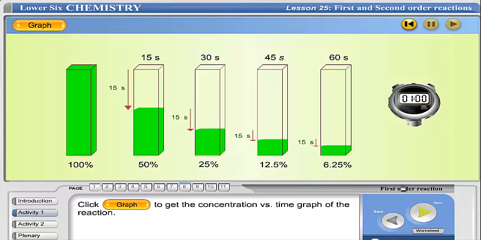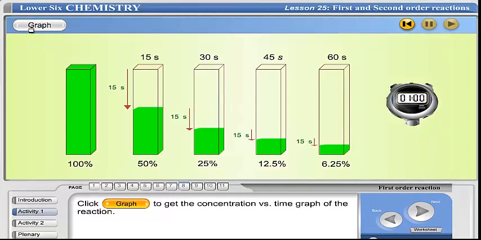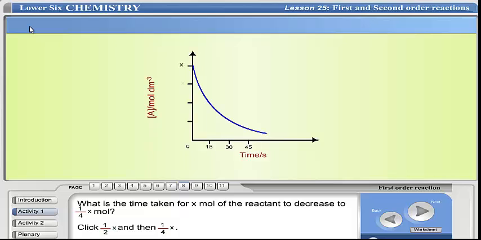Click the graph button to get the concentration versus time graph. What is the time taken for x mole of the reactant to decrease to 1/4 x mole? Click half x and then 1/4 x.